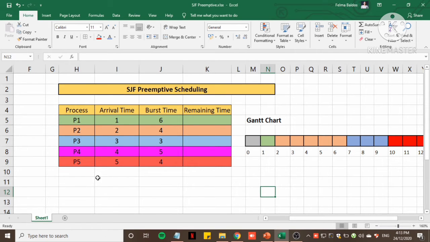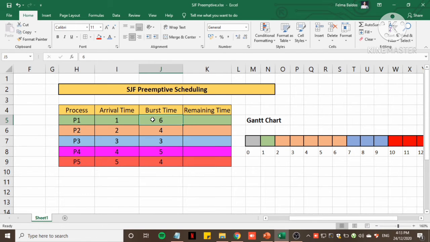So we have 5 processes with different arrival and burst times. Since no process arrives at time 0, this part of the Gantt chart will be colored gray. And then at time 1, P1 has arrived. It has a burst time of 6.